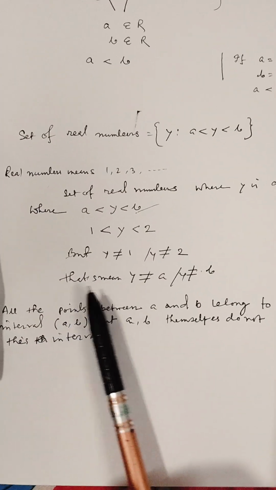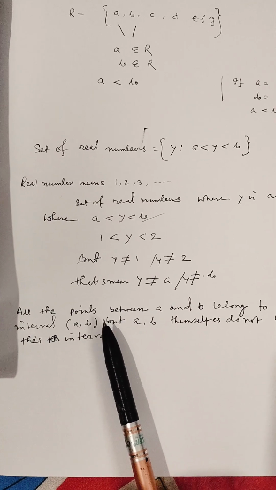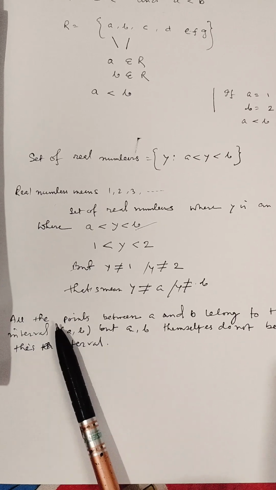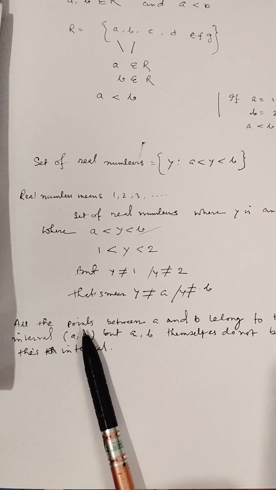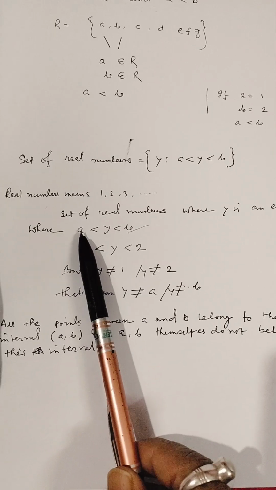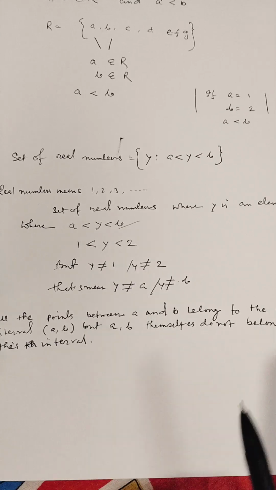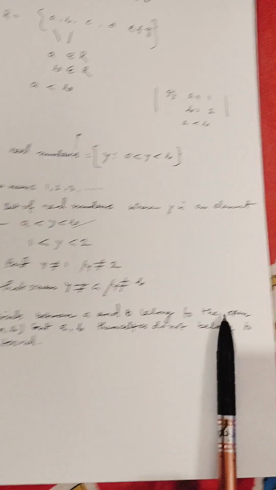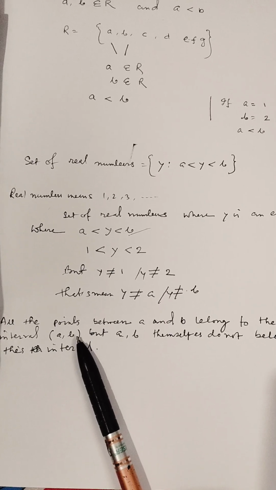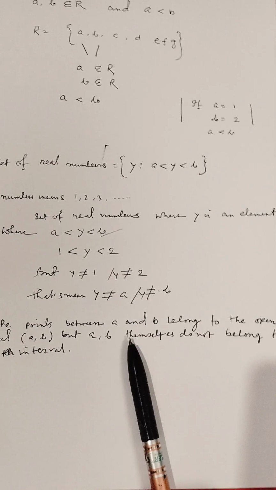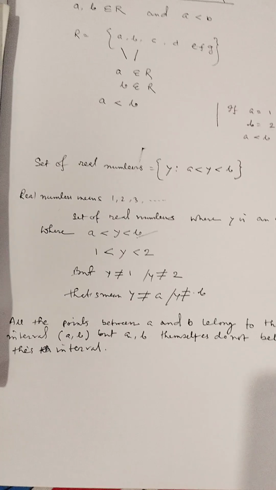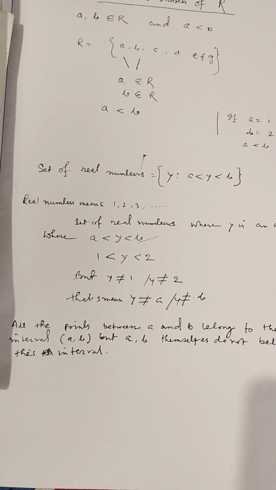So, all the points between a and b, students, mind it, all the points between a and b belong to the open interval (a, b), but a and b themselves do not belong to this interval. Understood?